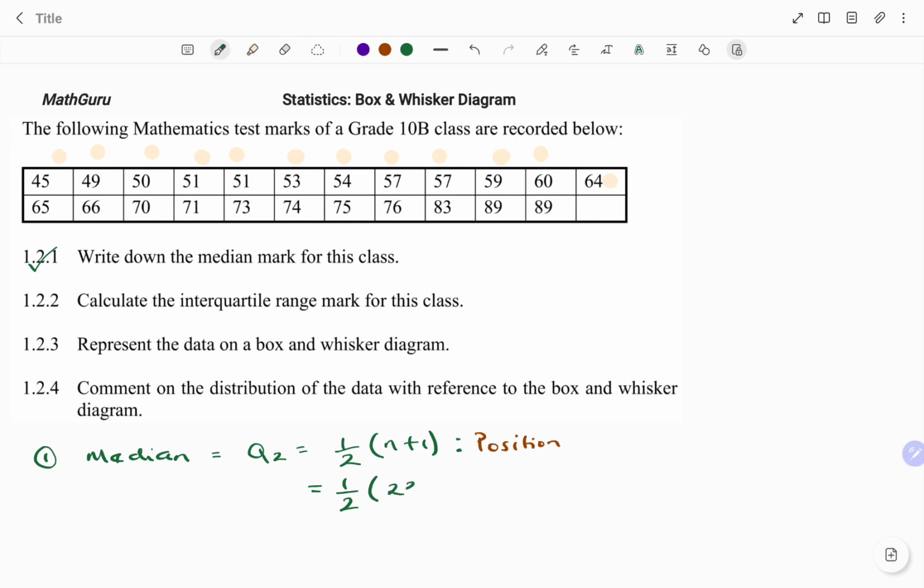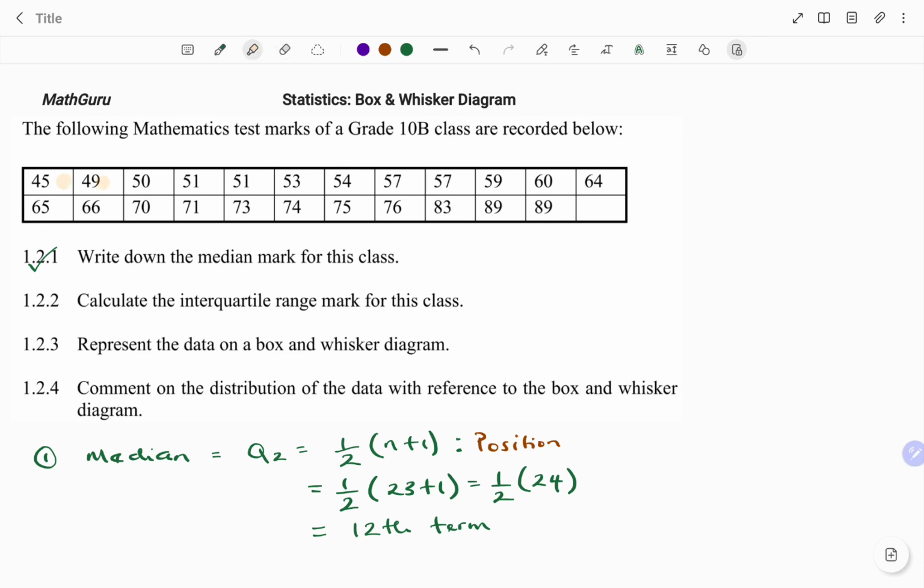So I have 23 plus 1, that's 24, and half of 24 is 12. So the middle number will be the 12th term, or the 12th mark. So I need to find the 12th position.